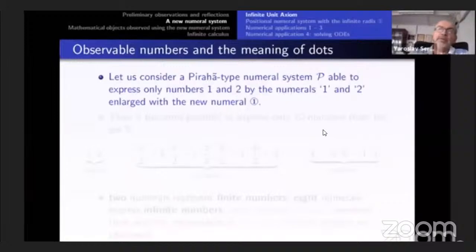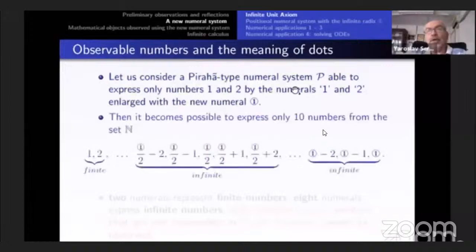Now, I would like to stress again with this simple example the importance of separation of objects, mathematical objects, and mathematical tools. Suppose that our object is the set of natural numbers, and we would like to observe it using a very weak numeral system that has 1, 2, and gross 1.